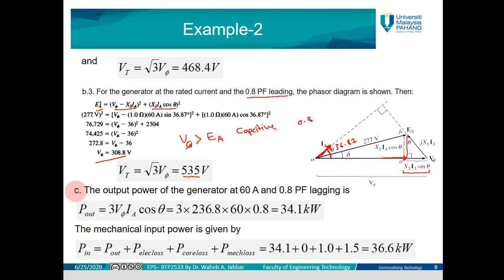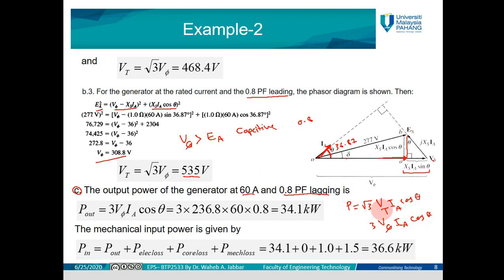Okay, so the next part will be part C here. He asked about the output power of the generator at 60 ampere, 0.8 power factor lagging. So since you have the formula of the power, √3 V terminal IA cosine theta, or 3 V phase IA cosine theta, either will give you the same answer.